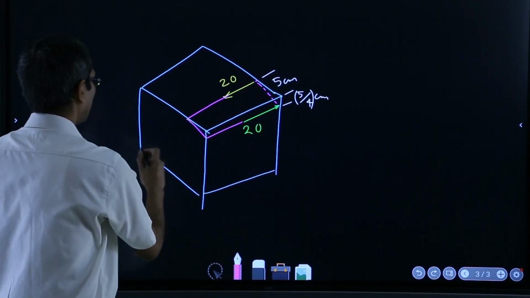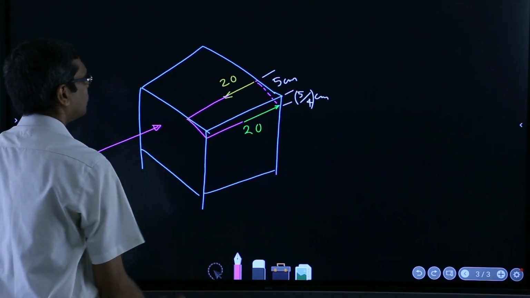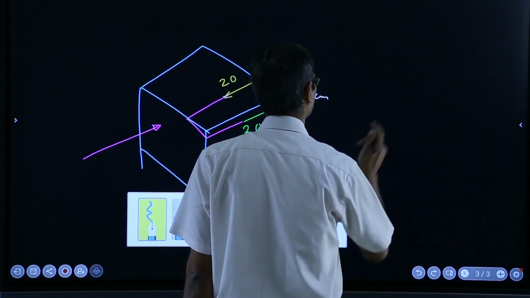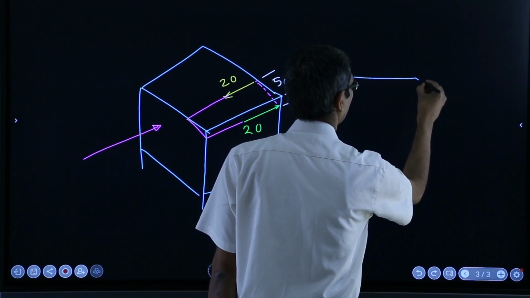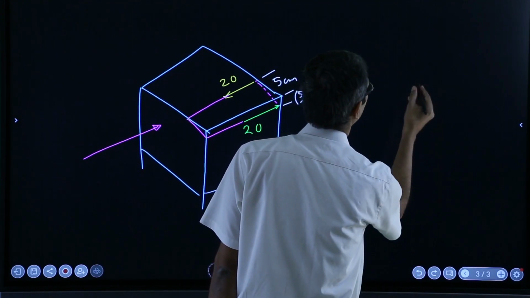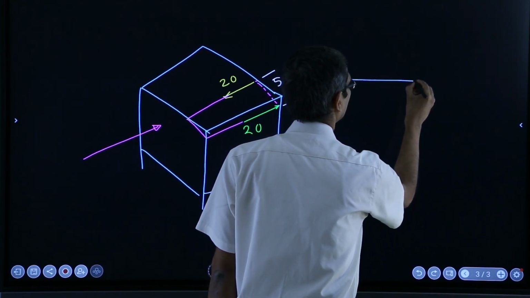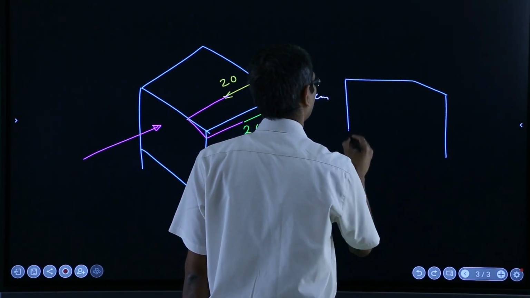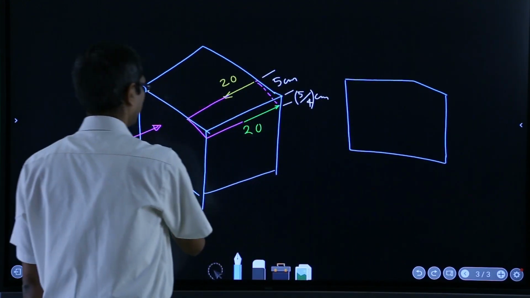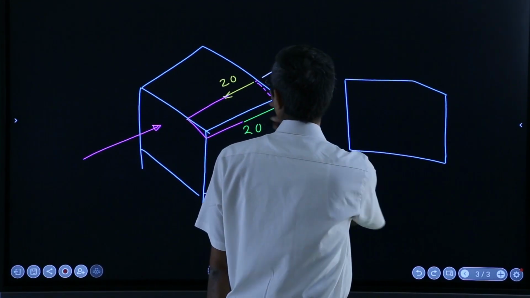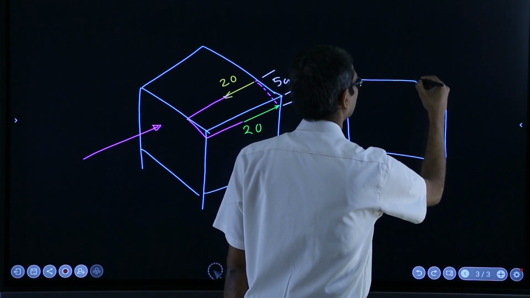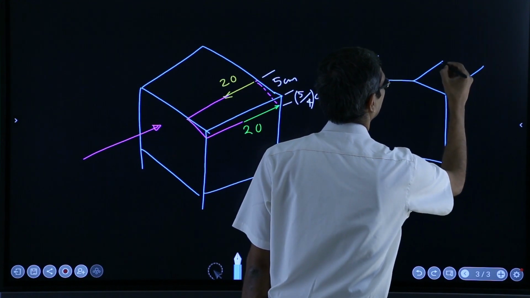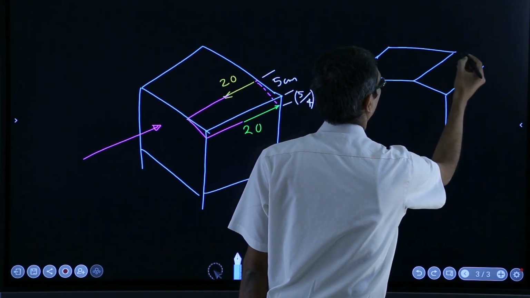If I remove this and look from this side, what I will see is a cube like this maybe, and like that, not that much of slope. So here and like that, and here, this is the face. This face, okay, I am looking at, and this force here is coming out. Let me draw the 3D only so that it will be easily visualized.